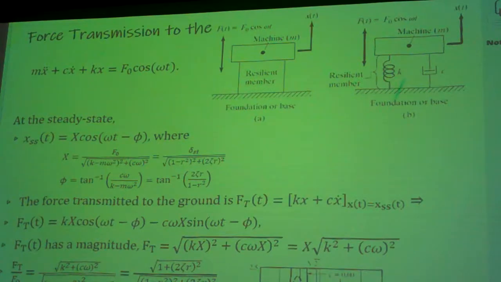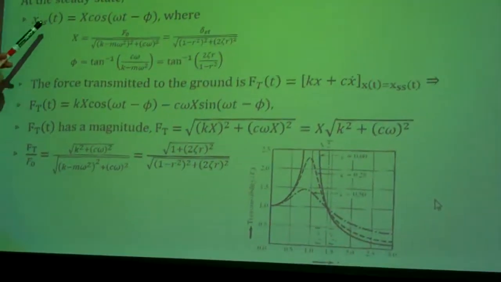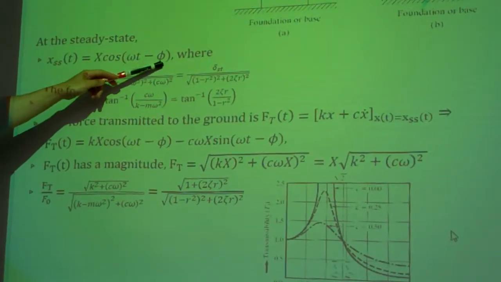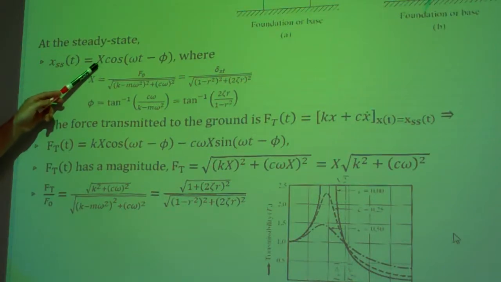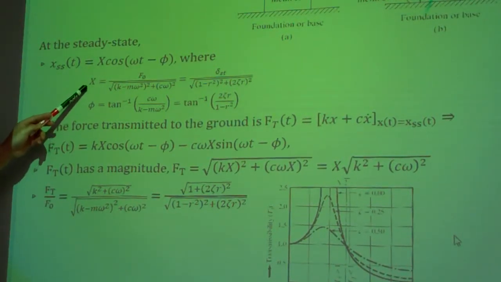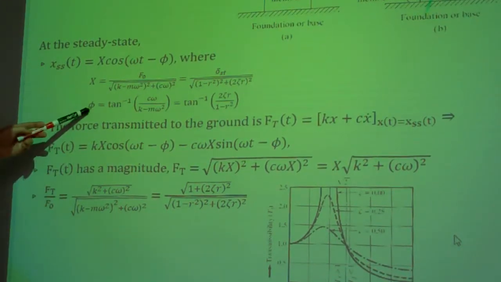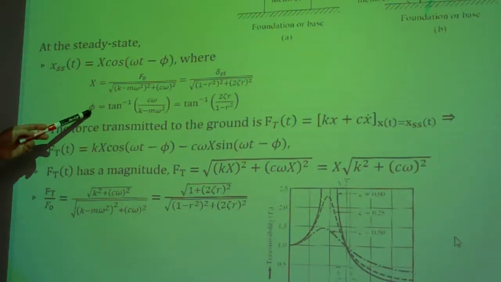This page is a summary. Using this as a model, we know that for the steady state response, we have this form, okay? This is called the steady state amplitude or steady state magnitude. That is the equation we know about. This is the phase angle.